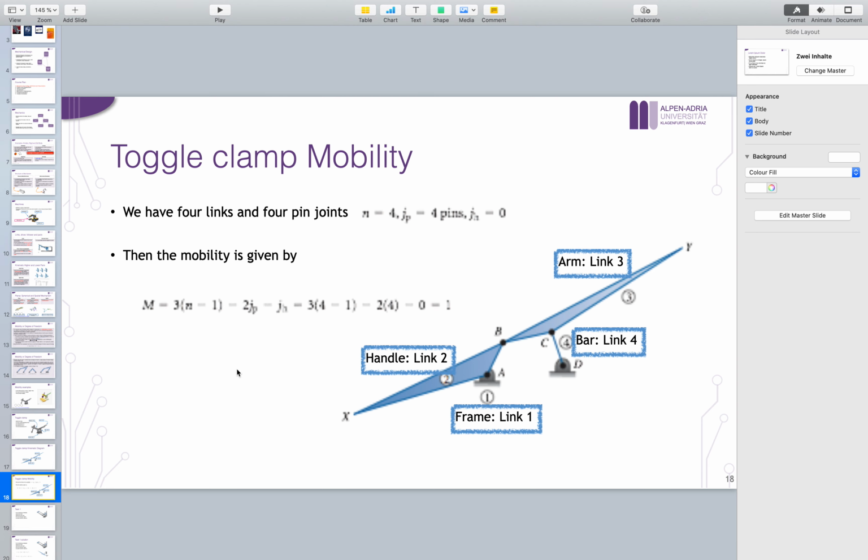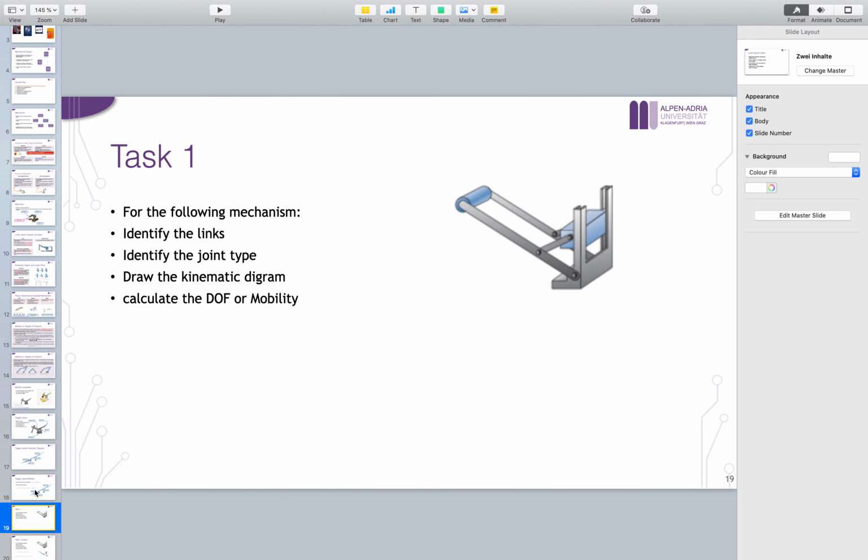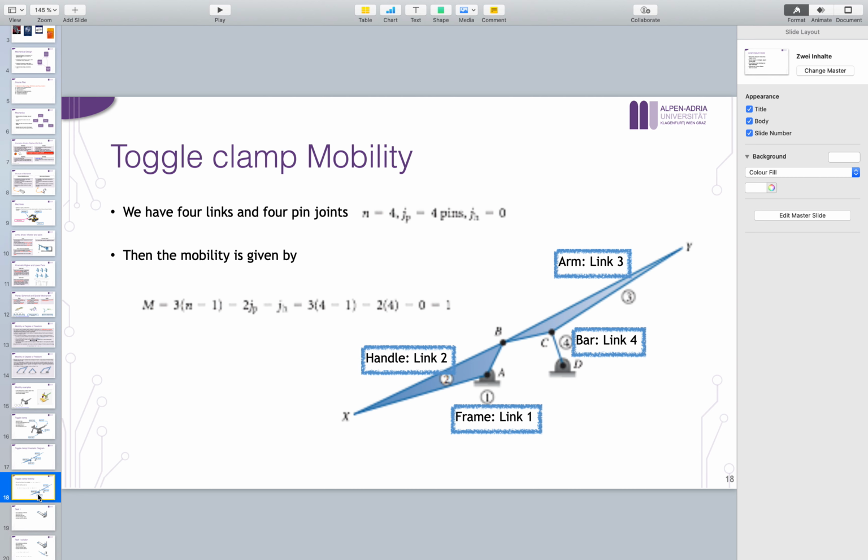So this is why it's good to not only consider formulas, but also other things to estimate the mobility, like the number of motors or joints, and whether it's a closed planar mechanism or not.